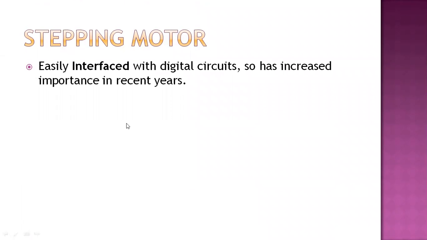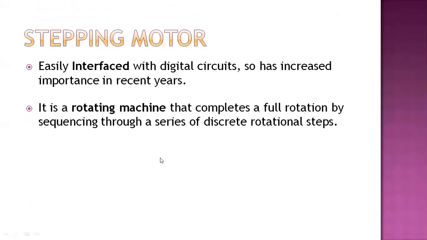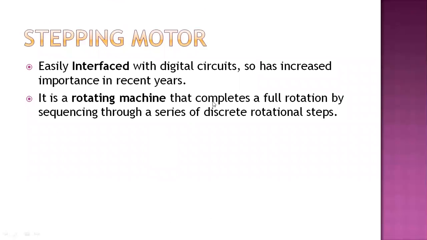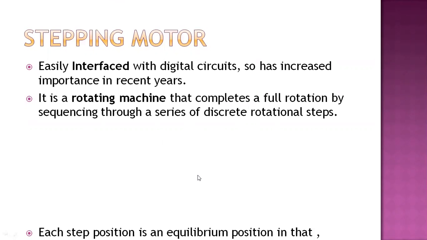Now coming to the next one, that is the stepping motor. It is easily interfaced with digital circuits, so it has increased importance in recent years. It is a rotating machine that completes a full rotation by sequencing through a series of discrete rotational steps.